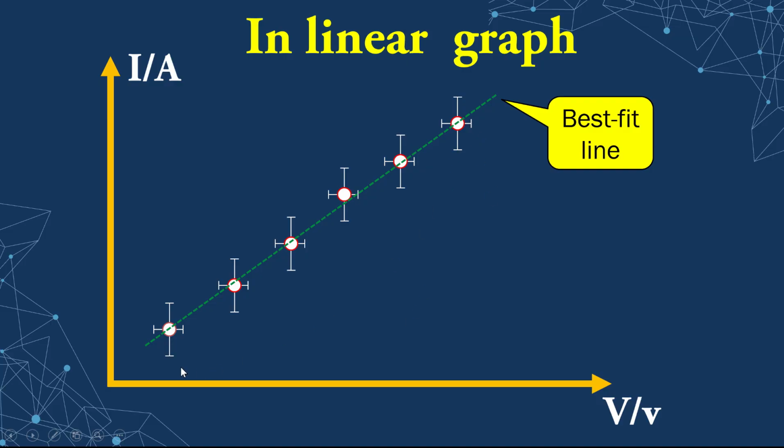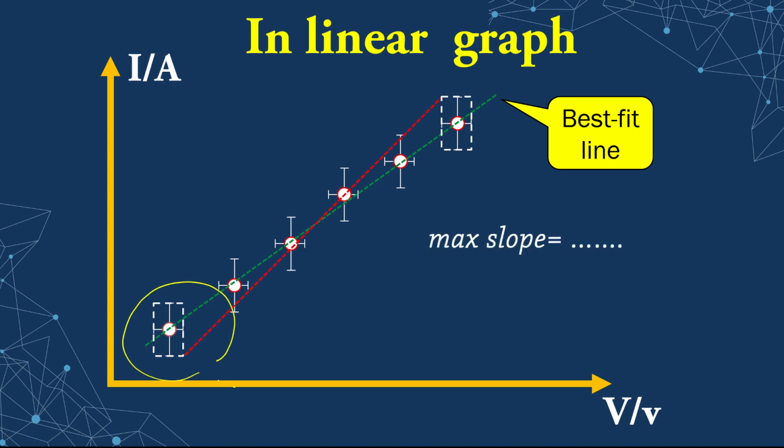I will concentrate on the first and the last data points, and then I make two rectangles. The vertical size of each rectangle is based on the vertical extension of the error bars, and the horizontal likewise, the width. And then I concentrate on the corners. Here I concentrate on the bottom right corner, and here on the top left corner, and then connect them.